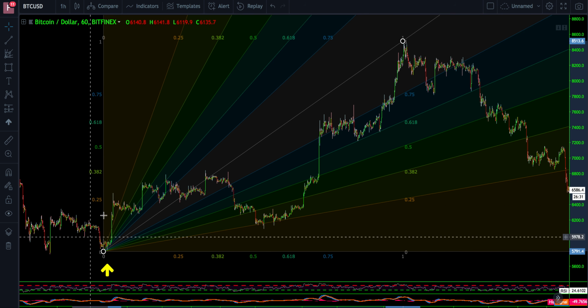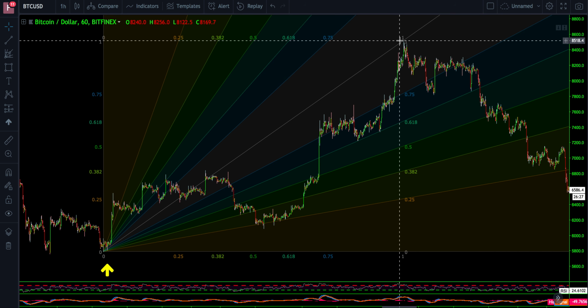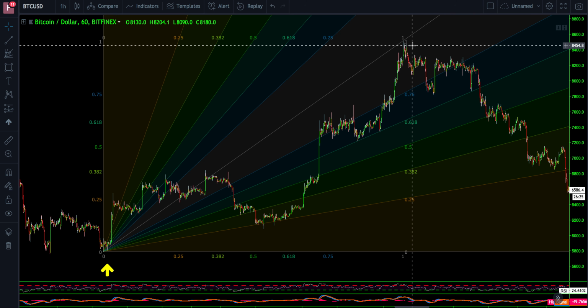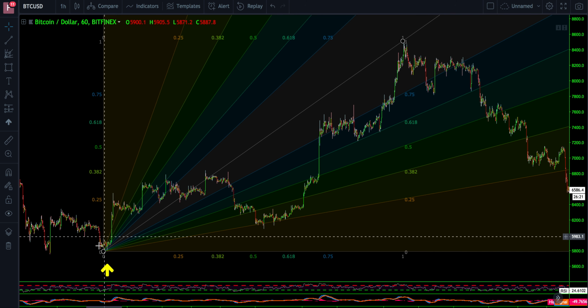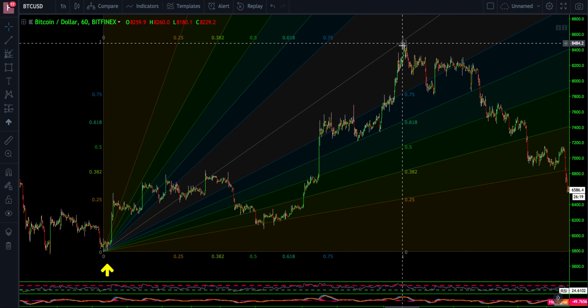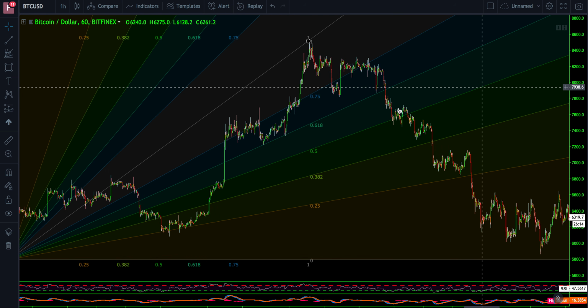So don't be afraid to keep moving this around throughout the day or every several days if you need to use it in a different manner of price action, because clearly now that we went from this low to this high, we can clearly see these support points on the way down.